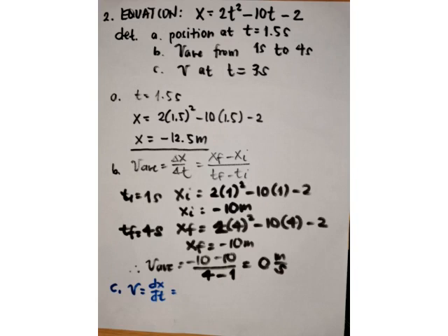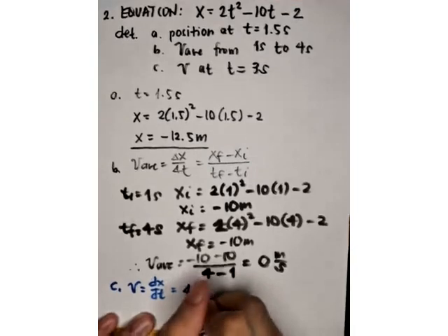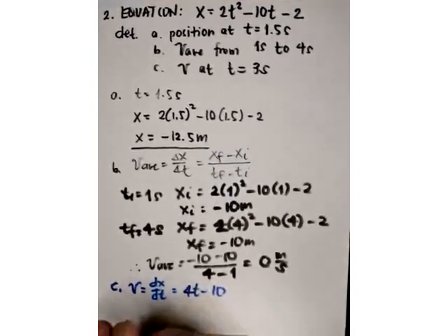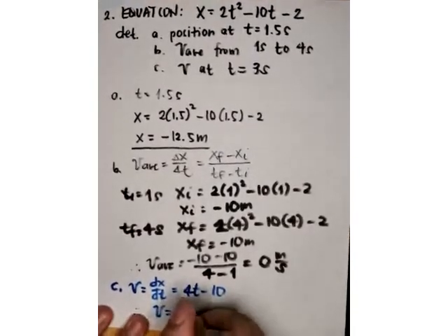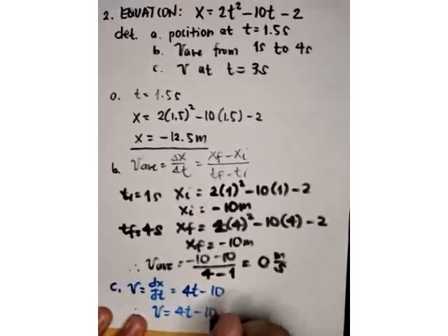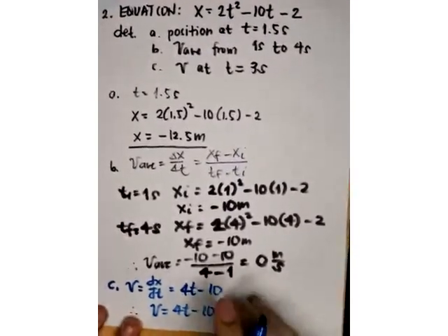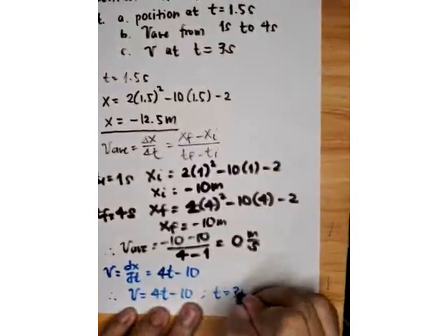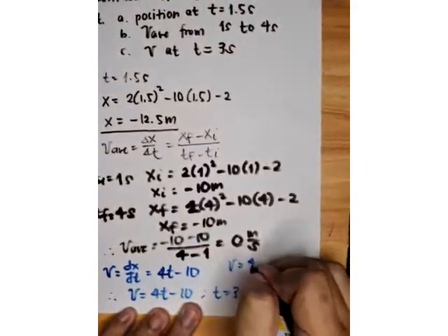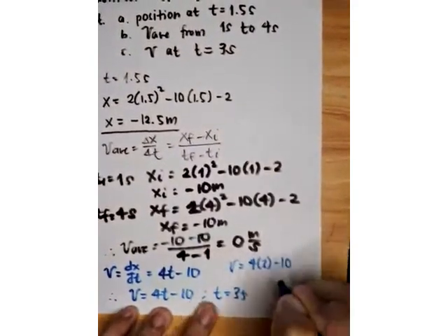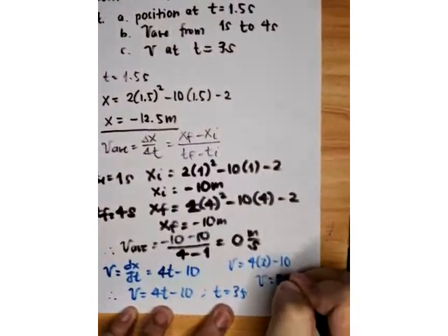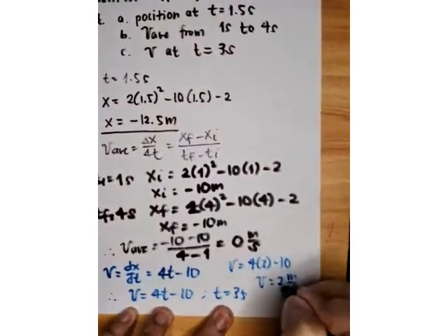Okay, 4t minus 10. So therefore, the equation of our velocity is 4t minus 10. And then we'll just apply yung time na 3 seconds. So therefore, v is 4 times 3 minus 10. So therefore, v is 2 meters per second.